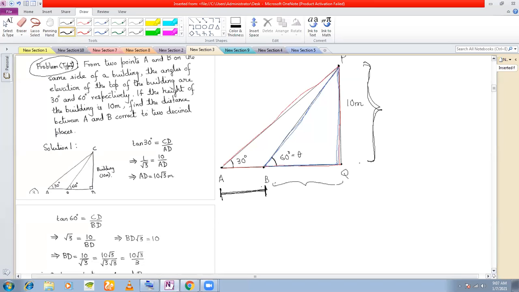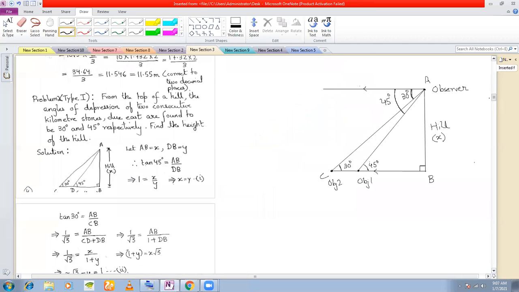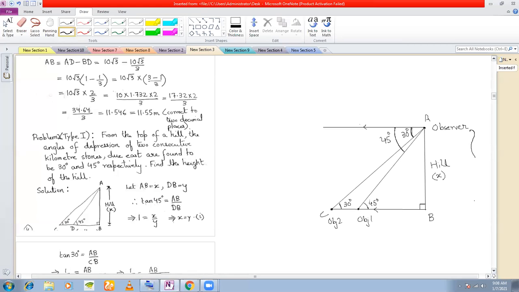Here, you have to find out this height, and this distance is given to you. How is it given? These two are kilometer stones, so they must be 1 kilometer apart. Therefore, this distance is 1 kilometer. Any question?